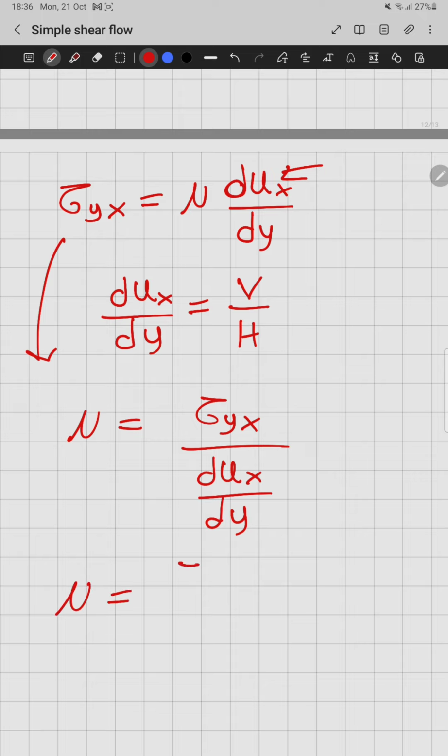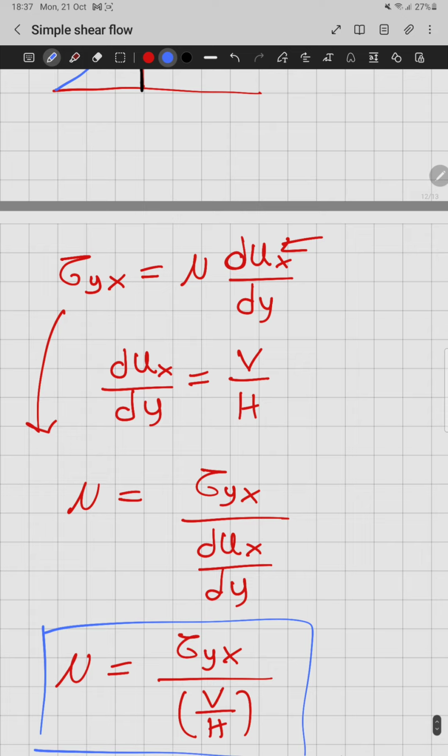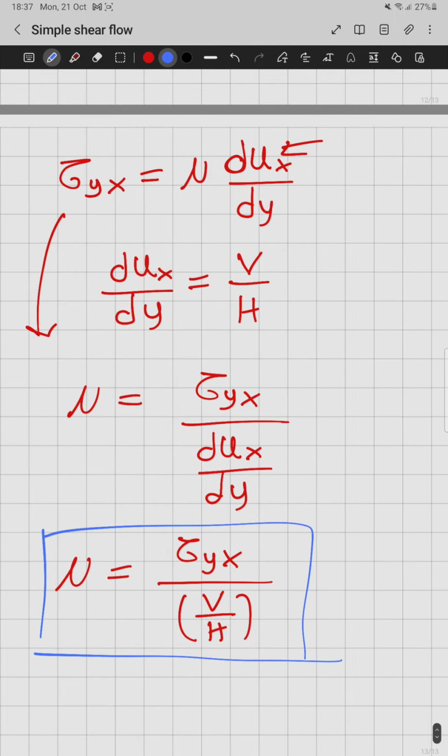So the viscosity can be estimated as follows. So why is this equation so important? This simple shear flow is used a lot in different fields of physics because it will allow us to obtain a value of the viscosity of the fluid.